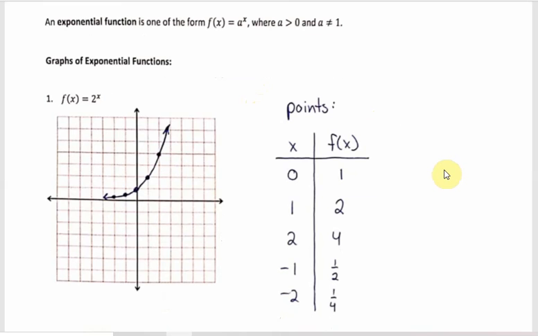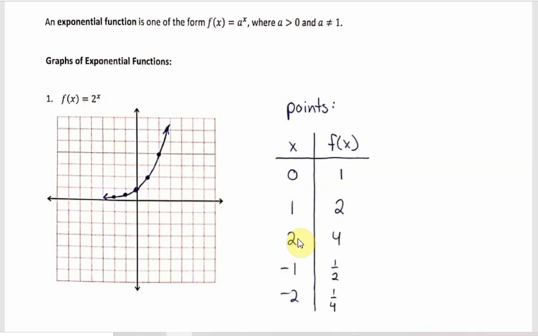Right, that seems like a reasonable question. Well, this would be the easiest base that I could pick to use, just because then that way the y coordinates don't get really huge. At least, well, they will, but just not right away. So I just plotted a few points, and if x is 0, you would have 2 raised to the power of 0, which is 1, right? If x is 1, 2 to the first power is 2.